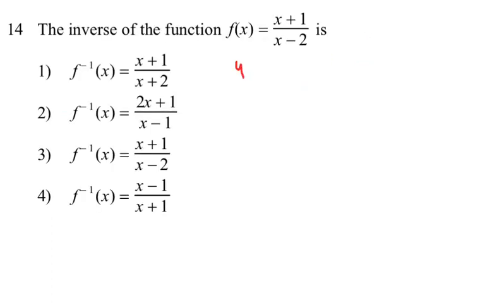Alrighty. Now let's look at number 14. They want us to find the inverse, so I'm rewriting it with y instead of f of x. My next step is switching x and y, and that's what I'm doing over here. And then we can multiply them across.